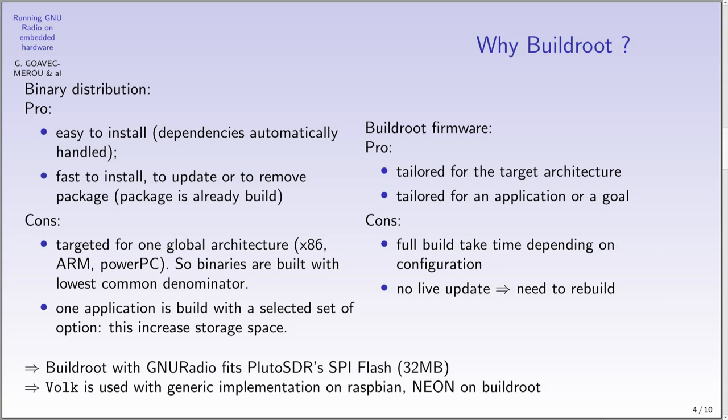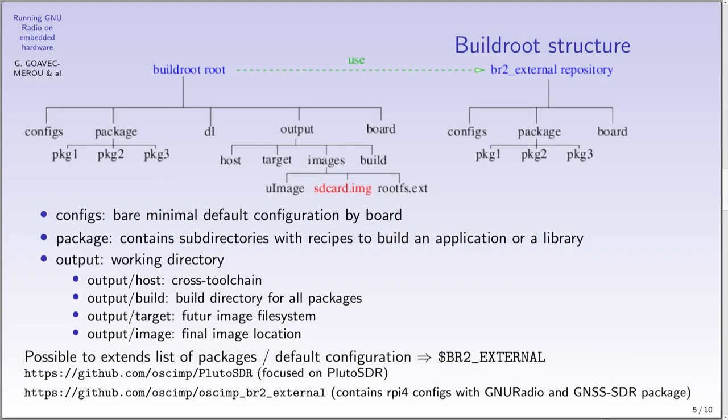Okay, we have seen the basics, so let's look more closely at the BuiltFruit structure. The tree or the directory of BuiltFruit looks like this. There are more directories than that, but these are the most important directories. The first one, configs, contains the bare minimal configuration. Each configuration addresses one board.